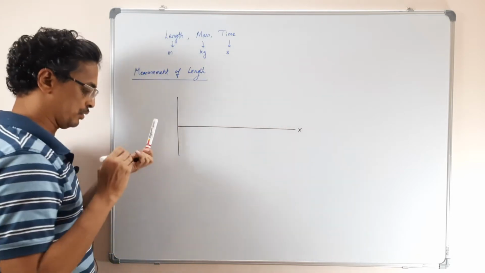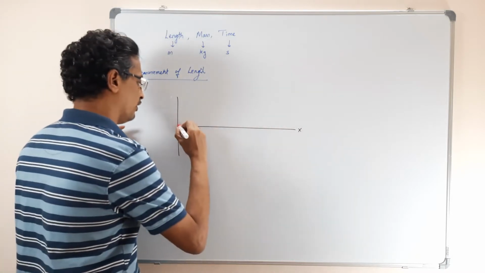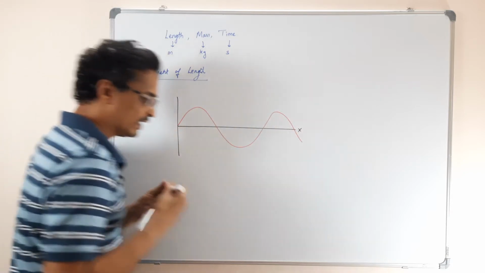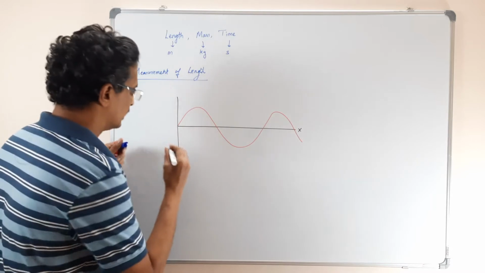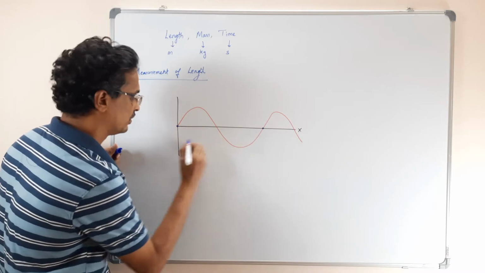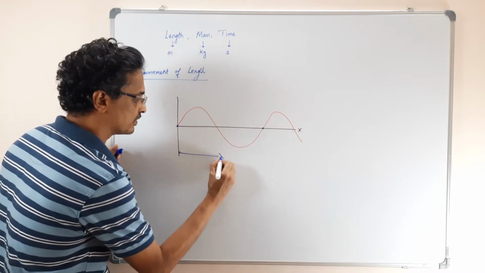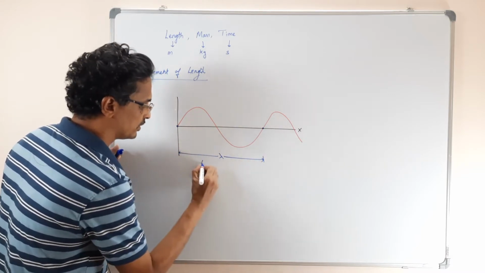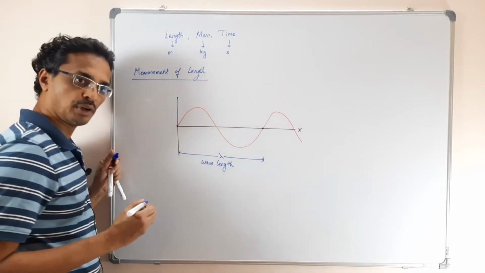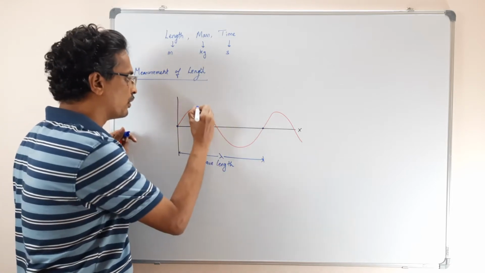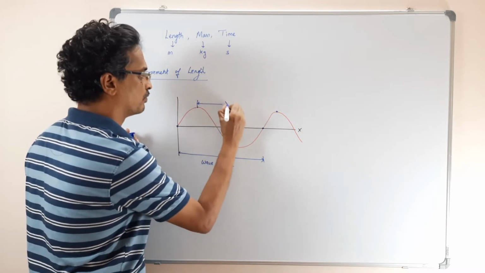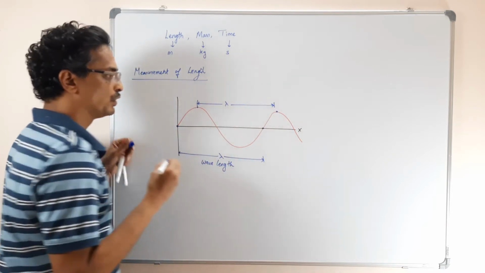The distance for one complete wave to form, the symbol is usually lambda, is called the wavelength. You can take it from zero, or if you don't like that, you can take it from the troughs. They are both basically the same. So this is the lambda.